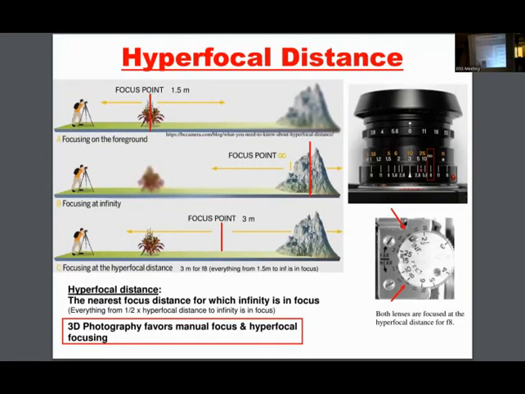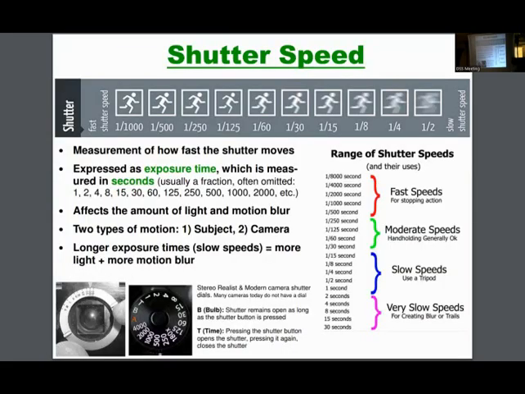Next. Let's move to the next quantity, which is the shutter speed. The shutter speed is how fast the shutter opens and closes, and it's measured by the amount of time that the shutter is open. That's the exposure time. The longer the shutter is open, the more light goes through and exposes our sensor.